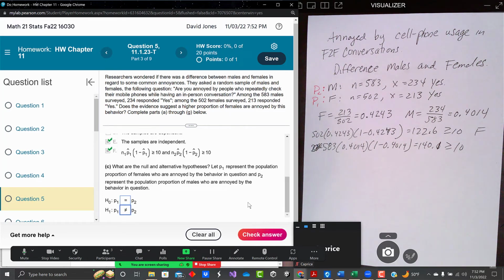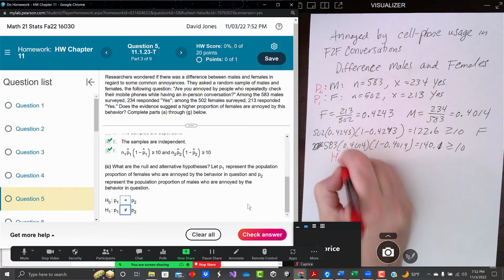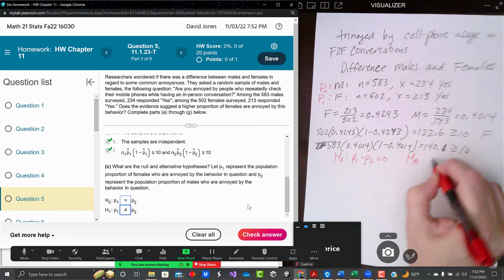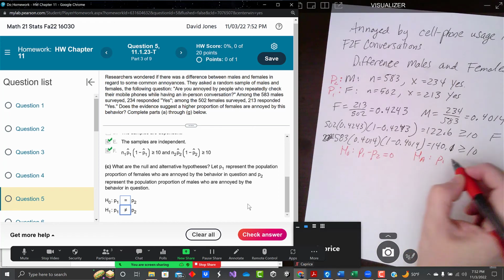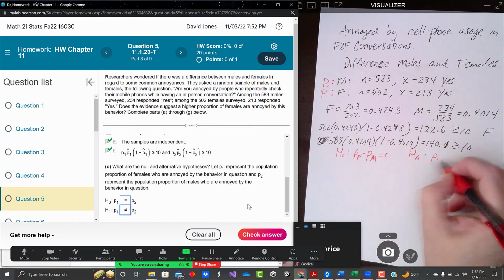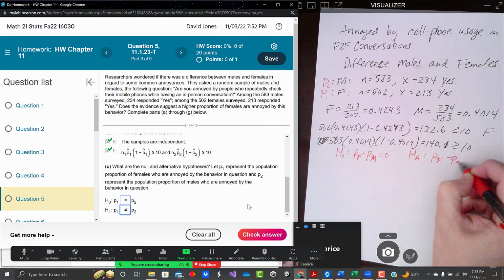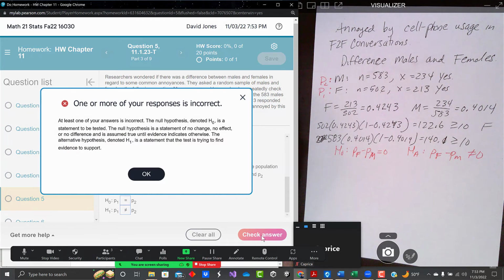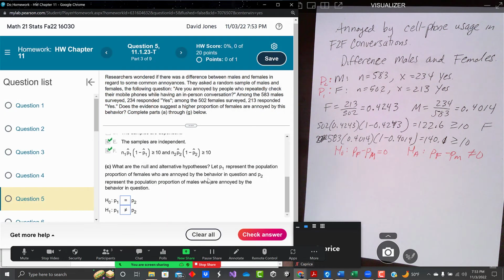Equals or not equals. And it might be easier to say p females minus p males. That way I know which one's which.